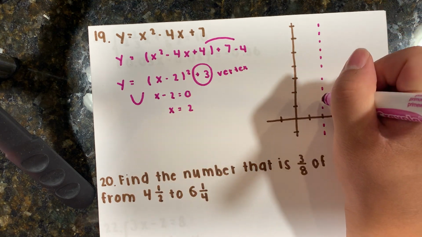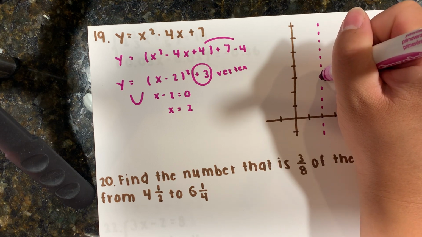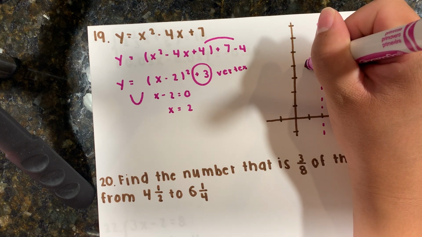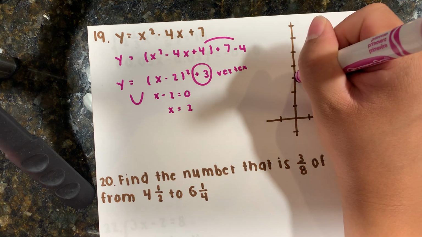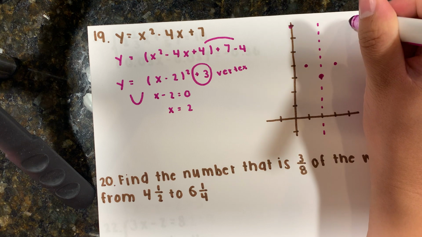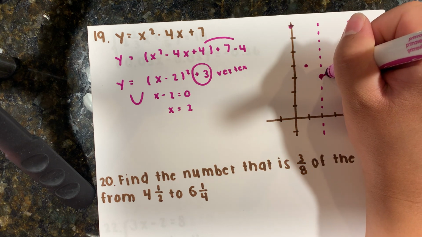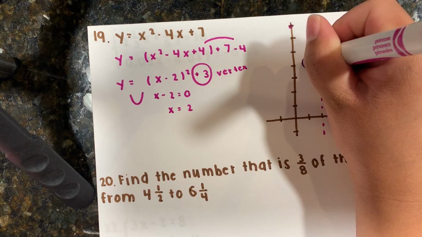At 3, 1, 2, 3. And then from there, I'm going to go over 1, up 1, over 1, up 1, and then over 2, up 1, 2, 3, 4, over 2, up 4. And this would be your diagram for your parabola.